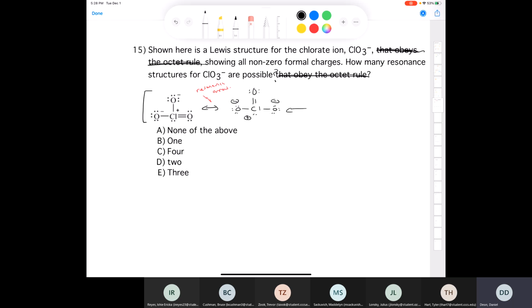And we would also show the double bond being on the left-hand side, like this. And there we go. Those are all the possible resonance structures. So the total number of resonance structures is 1, 2, 3.